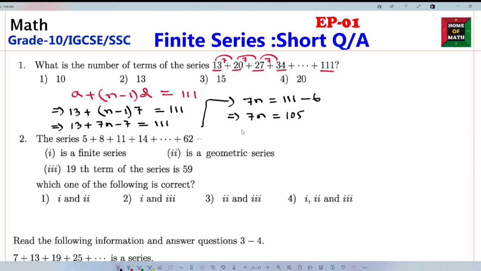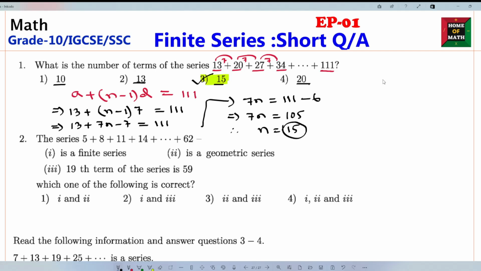Once we divide both sides by 7, we get n equals 15. The options are 10, 13, 15 and 20, and our right answer is 15. Okay, hope you understand this one.